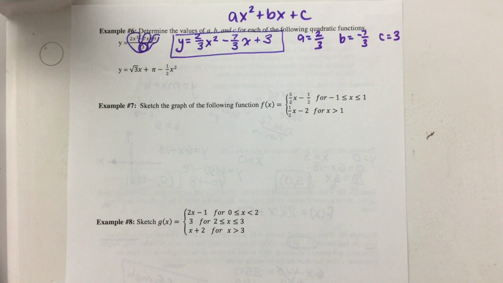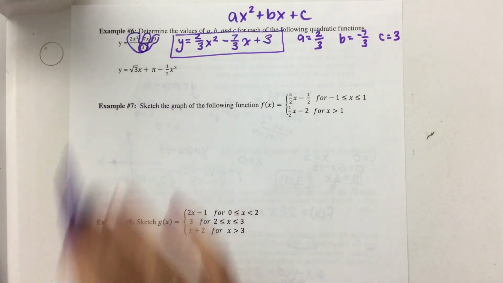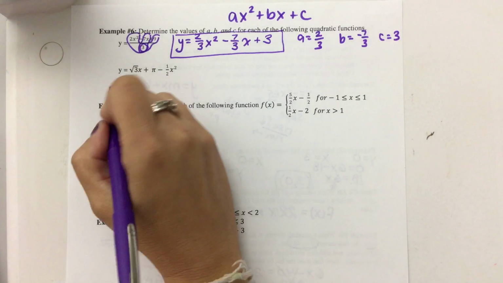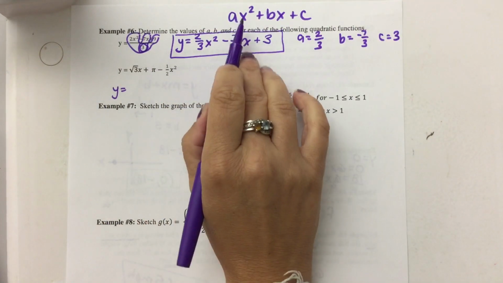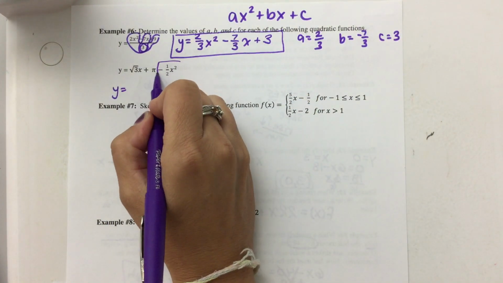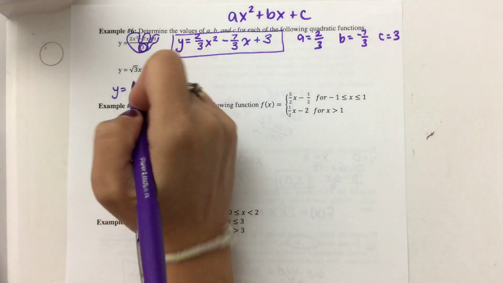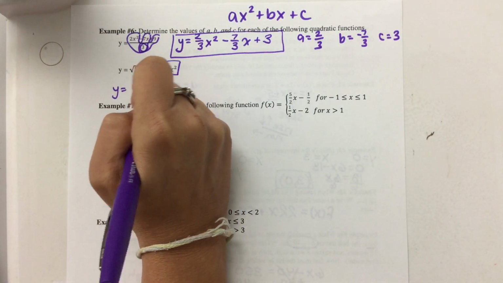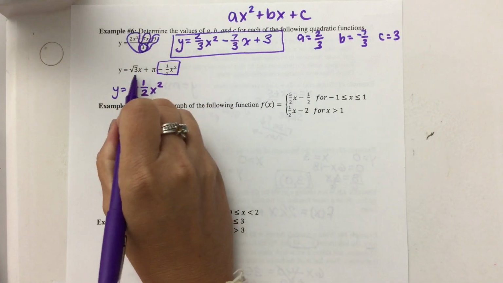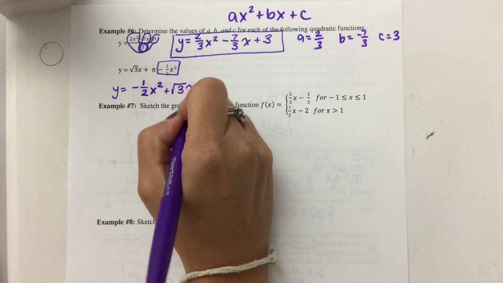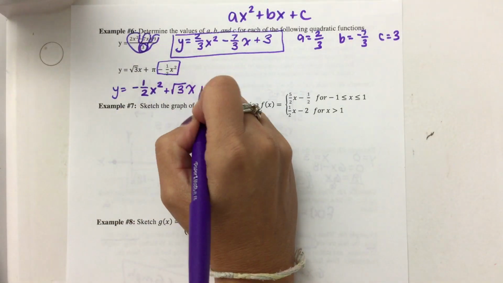Okay, now in the next one, they're kind of trying to throw you off by having pi and square roots and whatnot. The main thing is this problem is not in standard form. You want to rewrite it. Remember, your squared term comes first. Anytime you have a minus sign, it's always tagged with whatever's behind it. So this would be -1/2 x squared. Now this term has a single x, so it's a positive square root of 3 times x plus pi.